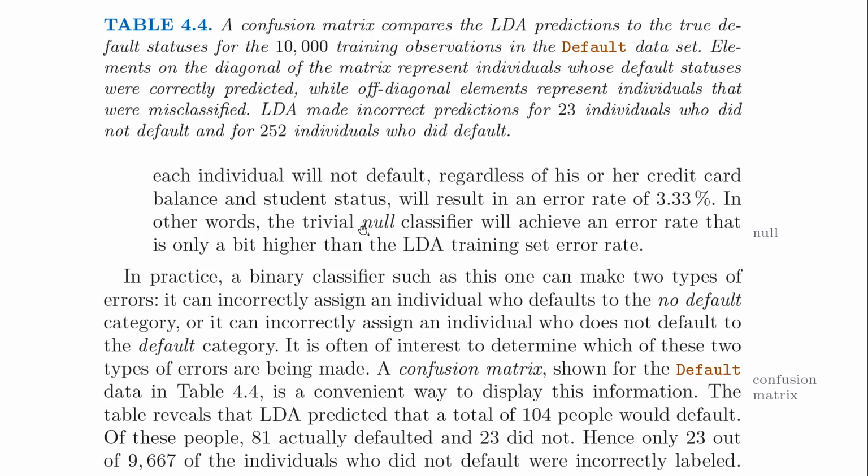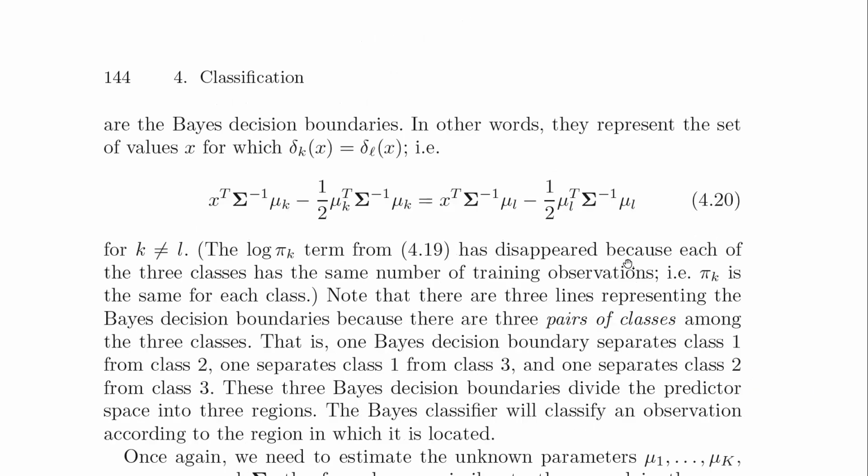In other words, the trivial null classifier, I think that's when you're not using any predictor variable, will achieve an error rate that is only a bit higher than the LDA training set error rate.